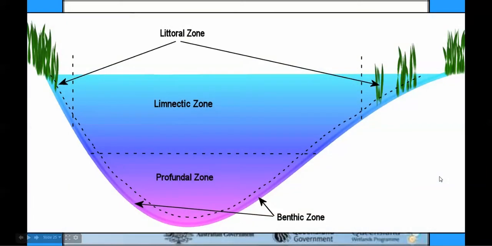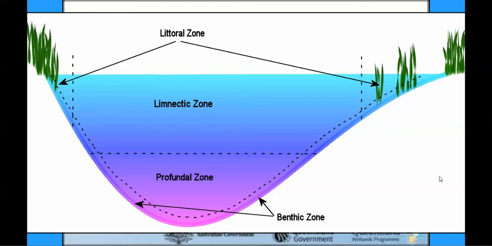I will be referring to these zones throughout this presentation: the benthic zone, the profundal zone, the limnetic zone, and the littoral zone. The littoral zone usually keeps rooted plants. The limnetic zone is usually just the top layer and some of the middle layer, the epilimnion and the metalimnion.